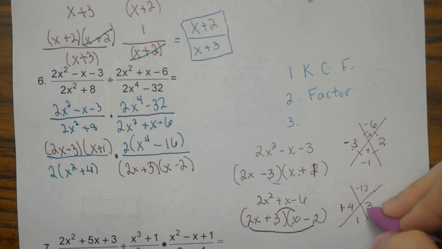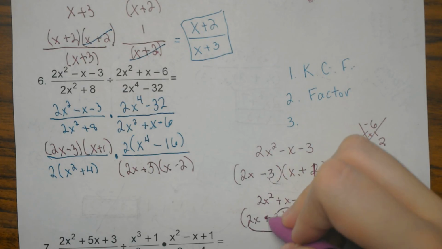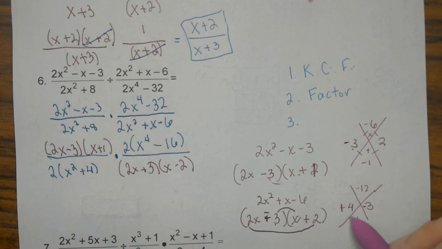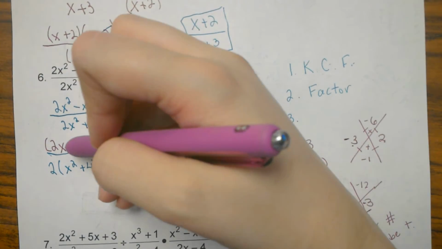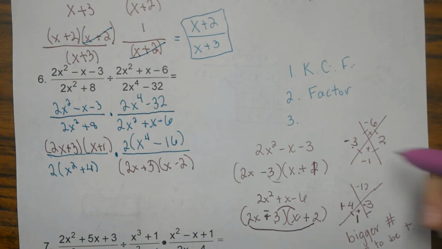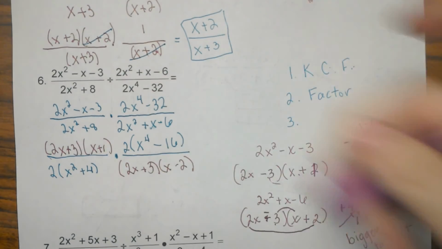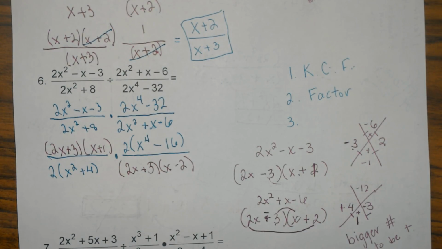Oh, it's positive 4, negative 3. For it to add to be a positive, a bigger number has to be positive. Okay, that's where I messed up. Oops. Changed the wrong one.